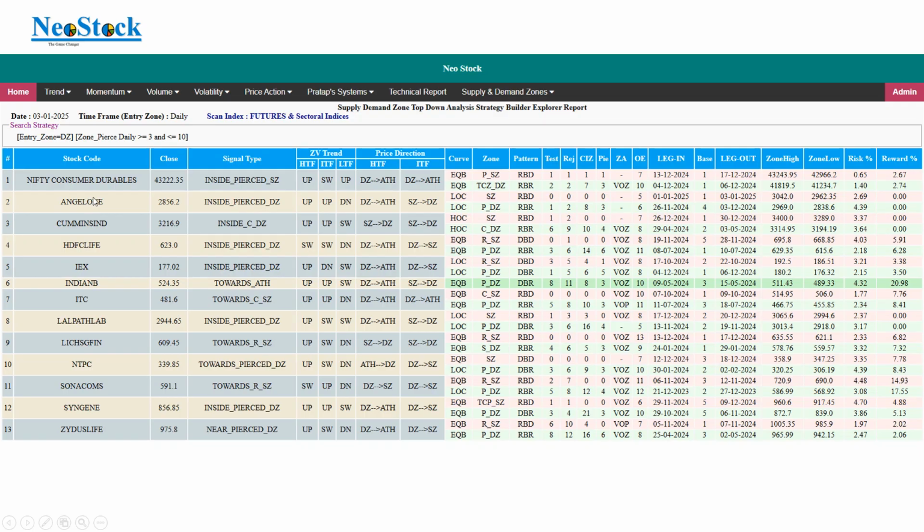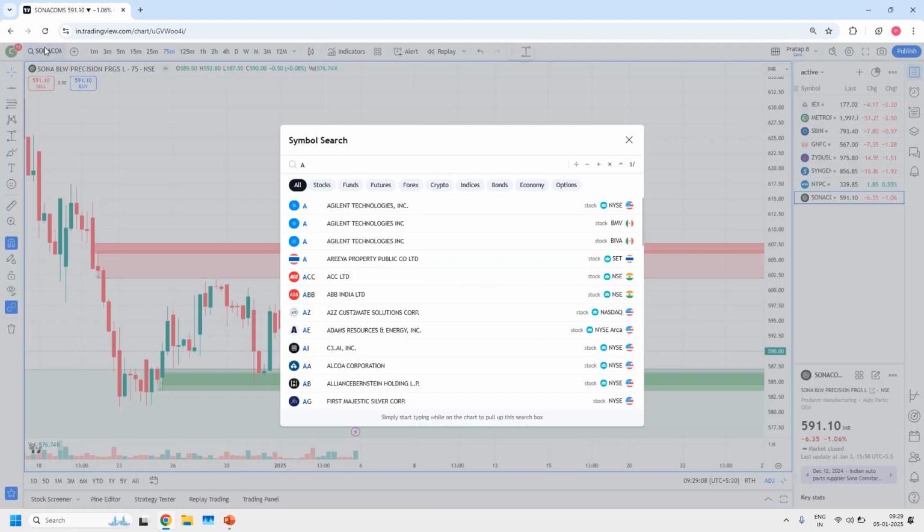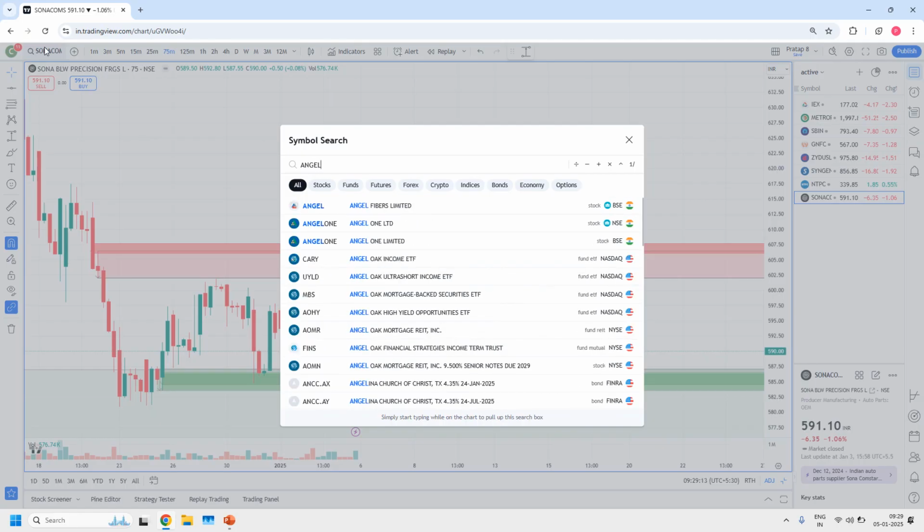Let me give you one more, Angel One. Pierced zone when it is 26/11/24. This is the one.